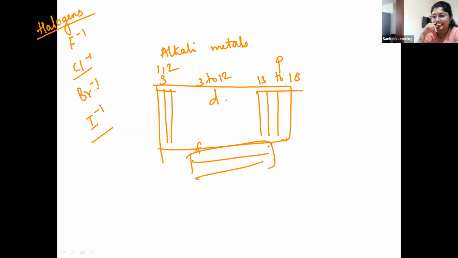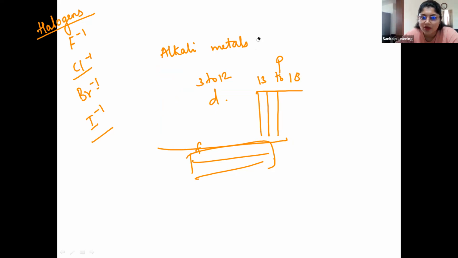For now you have only the elements, the first 30 elements, but later you will be studying them in groups: S block, P block, D block, F block. So these are some extra points which will help you.